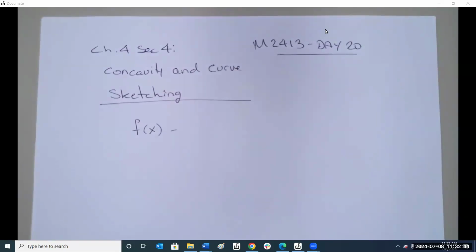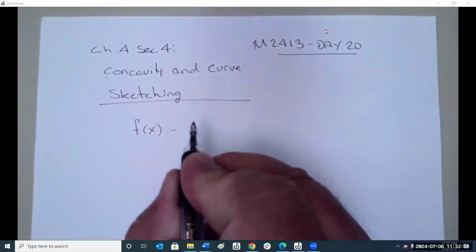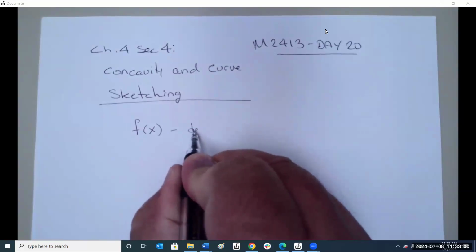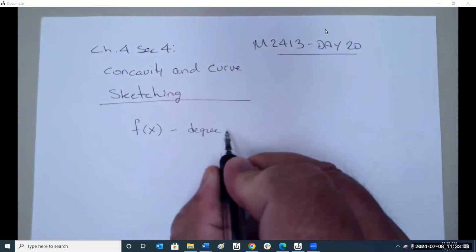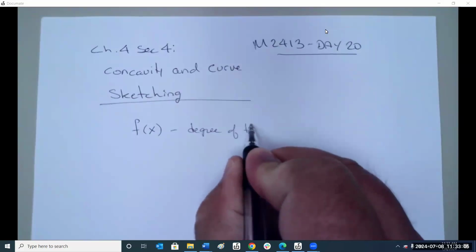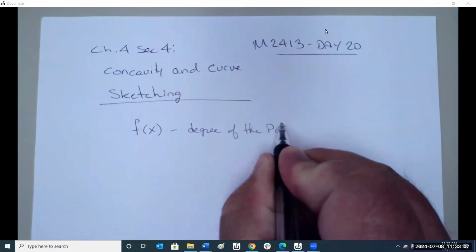Remember, we're looking at polynomials now, so that won't do us any good. What can we do with the original equation? The degree of the polynomial.